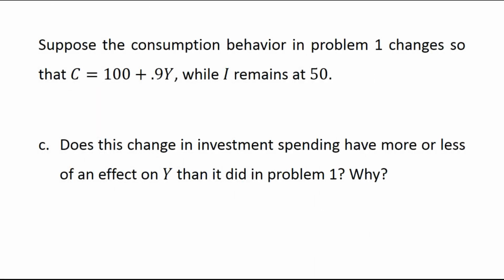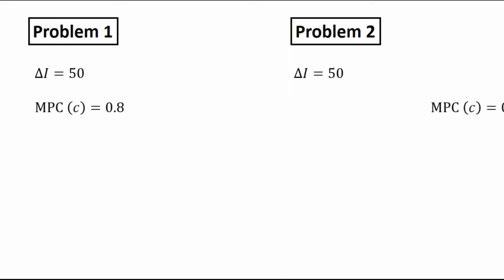Next part: does this change in investment spending have more or less of an effect on y than it did in problem 1? Okay. So in problem 1, we have change in investment 50 and in problem 2, it is 50. In problem 1, MPC was 0.8 whereas in problem 2, it is 0.9.